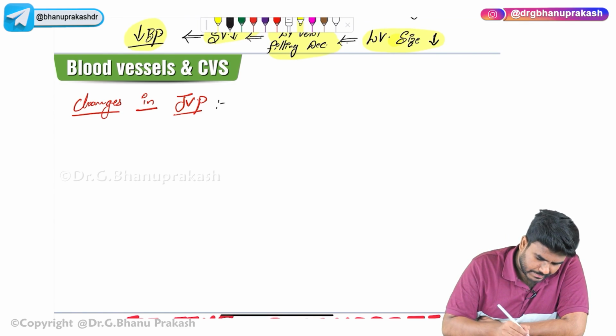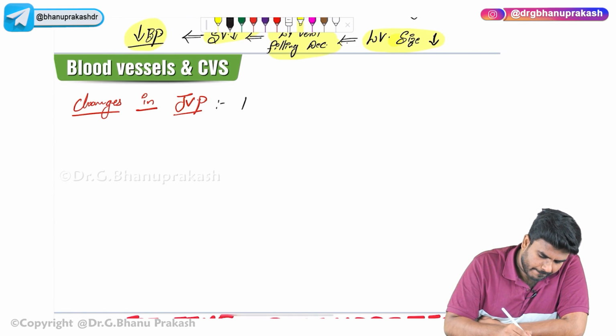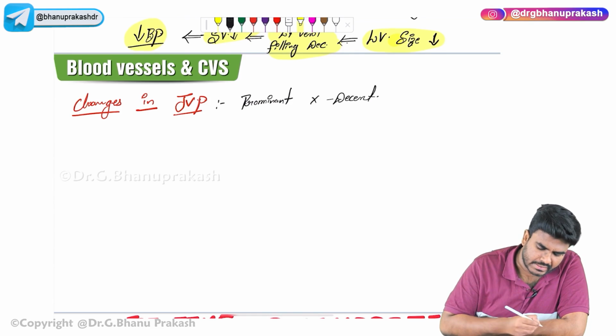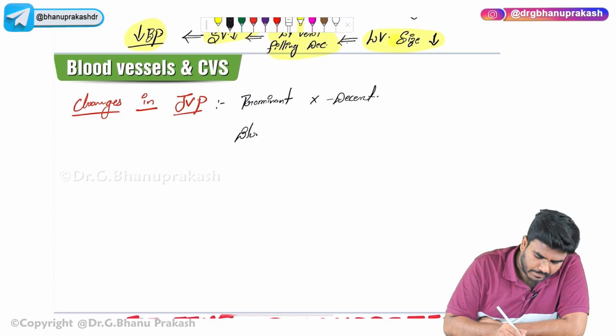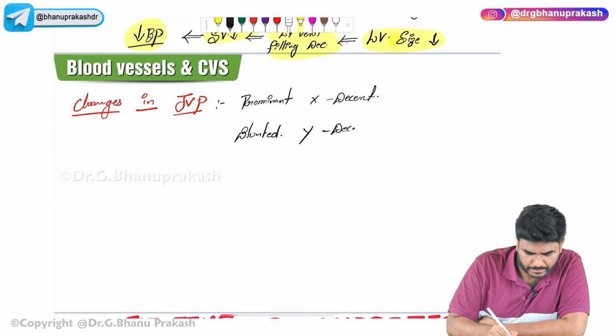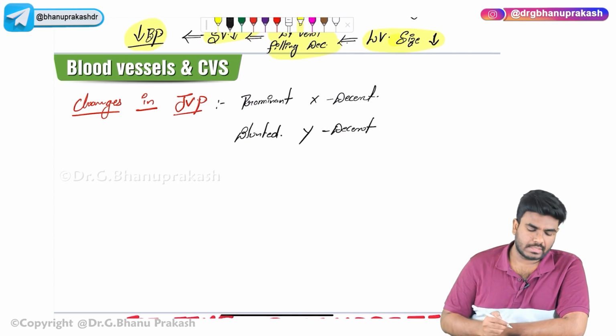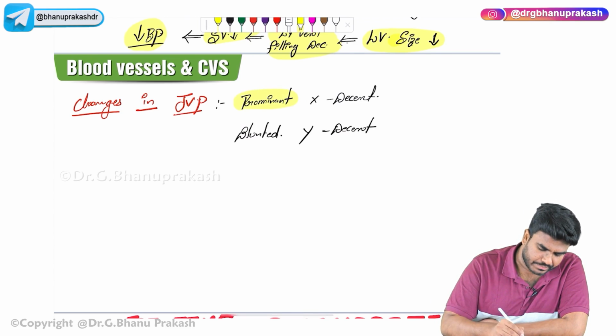There is a prominent X descent on the jugular venous pressure as well as a blunted Y descent. Okay, blunted Y descent. So how to understand these things? How to understand these JVP changes?